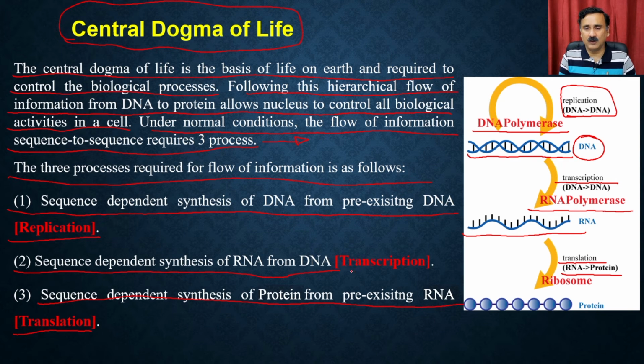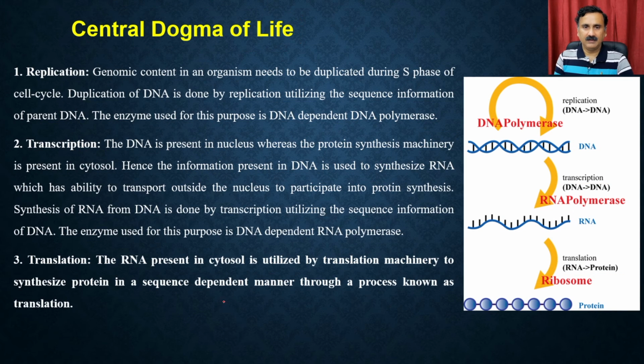That process is called transcription. And then you can also have the sequence dependent synthesis of the proteins from the pre-existing RNA, and that process is called translation. Now we can have more detail about these processes.